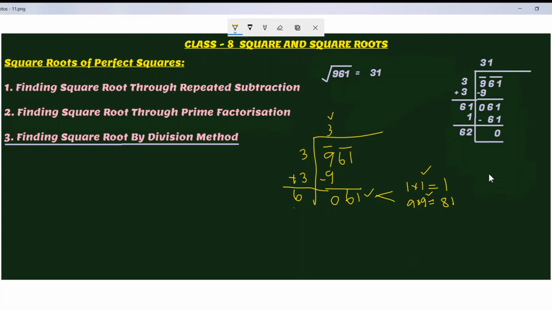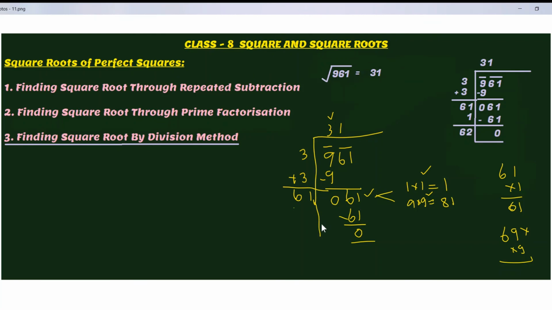If you take 61 into 1, you will get 61. If you take 69 into 9, you will get greater than 61. So 9 will not come here, only 1 will come. So you need to take 1 here and here also. Now you have to multiply these two numbers, 61 into 1. If you multiply, you will get 61, and then you subtract these two numbers, you will get 0.